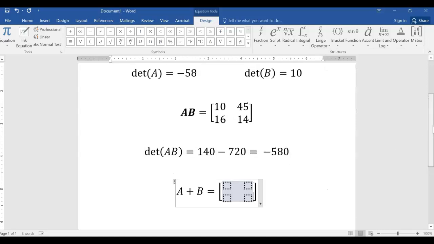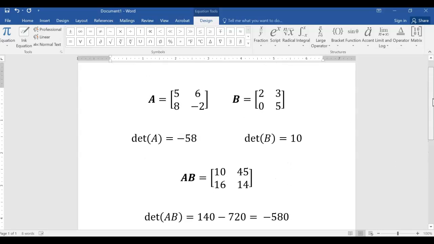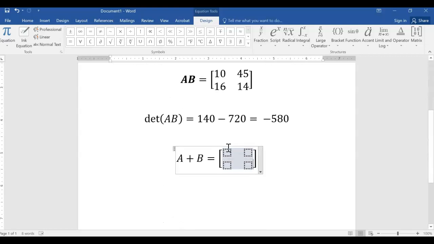And then obviously you just add each entry pointwise. So 5 plus 2 is 7, 6 plus 3 is 9, 8 plus 0 is 8, -2 plus 5 is 3, and you're off to the races. So if you added up A plus B, you'd end up with 7, 9, 8, and 3.